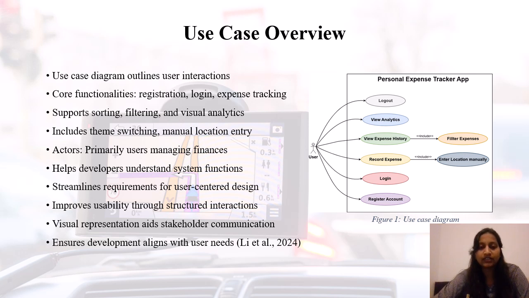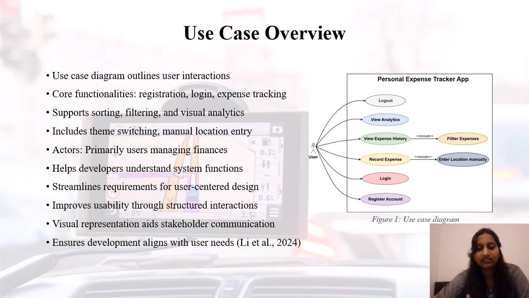Now we're going to discuss the use case overview. The use case diagram is an important tool for examining user interactions with the PET. It outlines key functions such as registration, login, expense tracking, and analytics, as well as features such as filtering and theme switching.